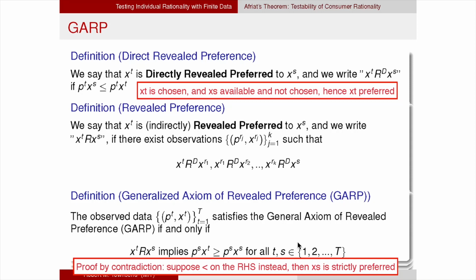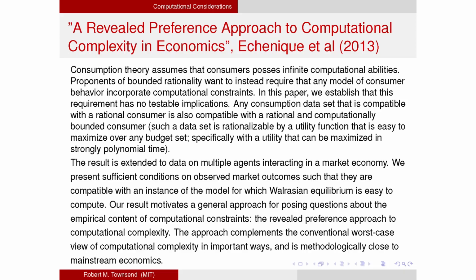Now, it doesn't mean that in any given data set you will necessarily find a violation, but you end up with a weak statement that the data look as if there was nothing inconsistent with the statement that they came from a rational maximizing consumer. So we should check and make sure that's true. So that's the spirit of it. Questions?